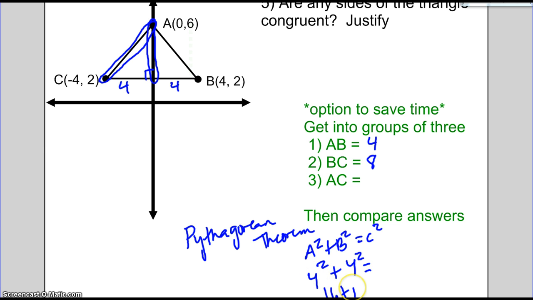Then I am looking at 16 plus 16, which is 32. And that's supposed to equal C squared. So to find AC, which is just this thing without the squared, I have to take the square root of 32.